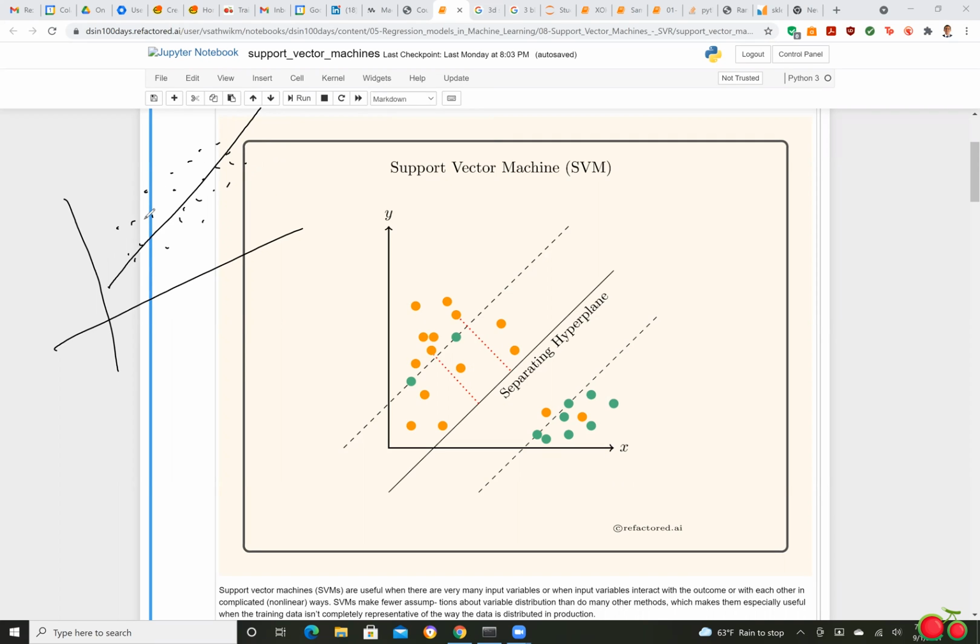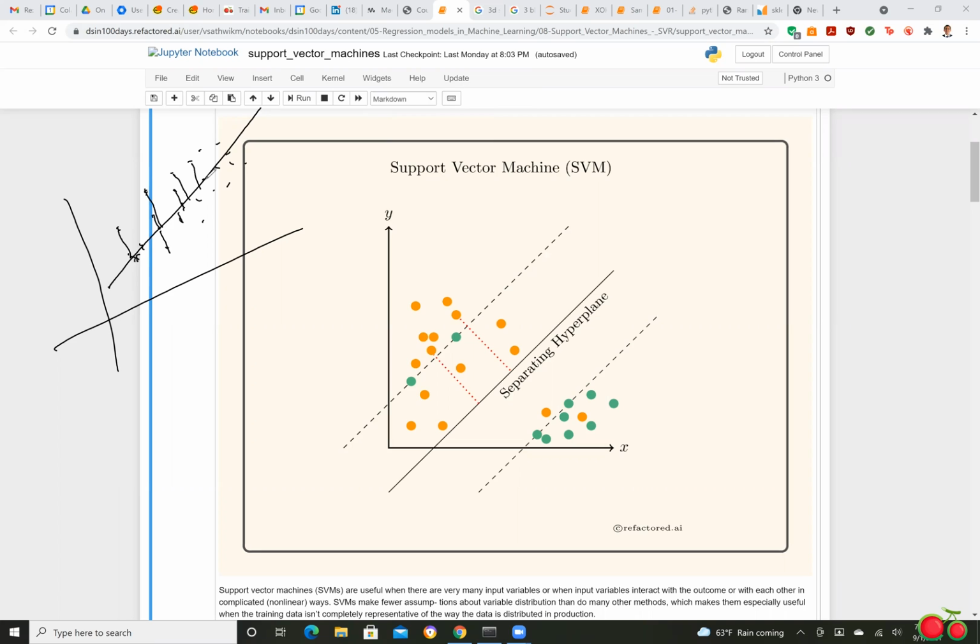It's trying to minimize the distances. Actually it should be straight in nature. It's these distances, it's trying to reduce the total sum of these distances.